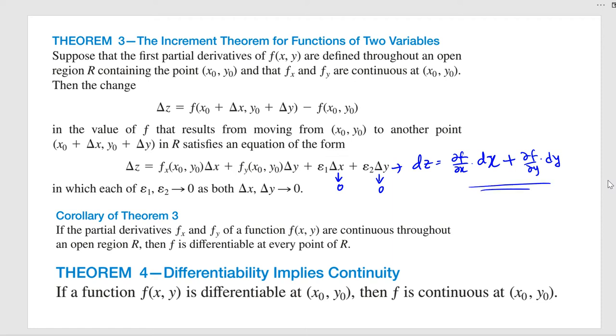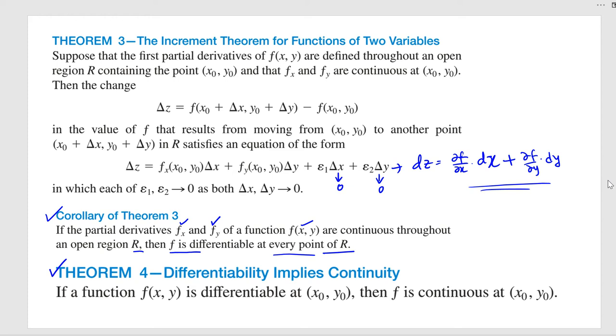So this is theorem 3 for total differential. It has one corollary. If fx and fy, the partial derivatives with respect to x and y of the given function, are continuous throughout the region, then f is differentiable at every point of the region.